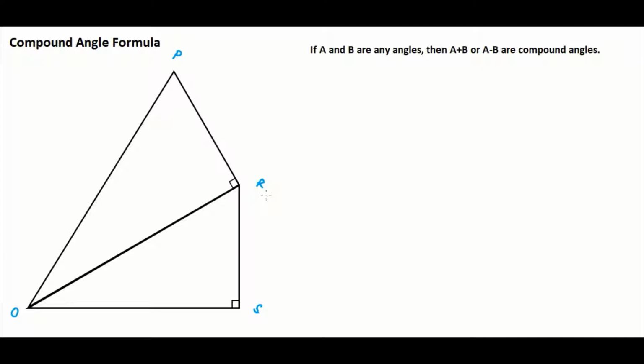Since we want to find sine A plus B, we will use the angles here. We denote this as A and this as B. We want to find out the expansion for sine A plus B, and we will set our triangle OPR to have a hypotenuse of 1. Okay, so this is the basic setting of our proving.